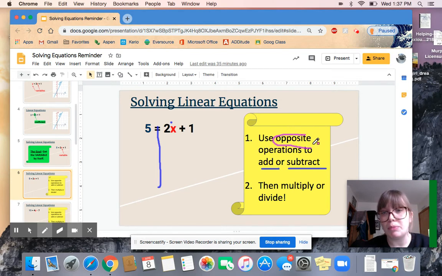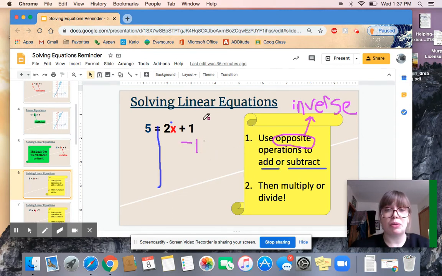You might remember opposite is another word for inverse. Inverse is the fancy word for opposite. Now, what is the inverse of plus 1? What's the opposite? Well, it's minus 1.